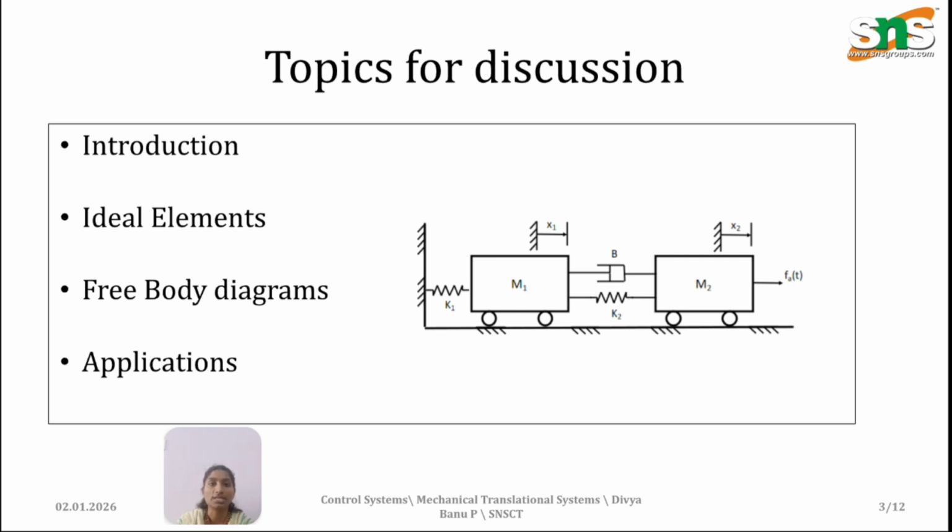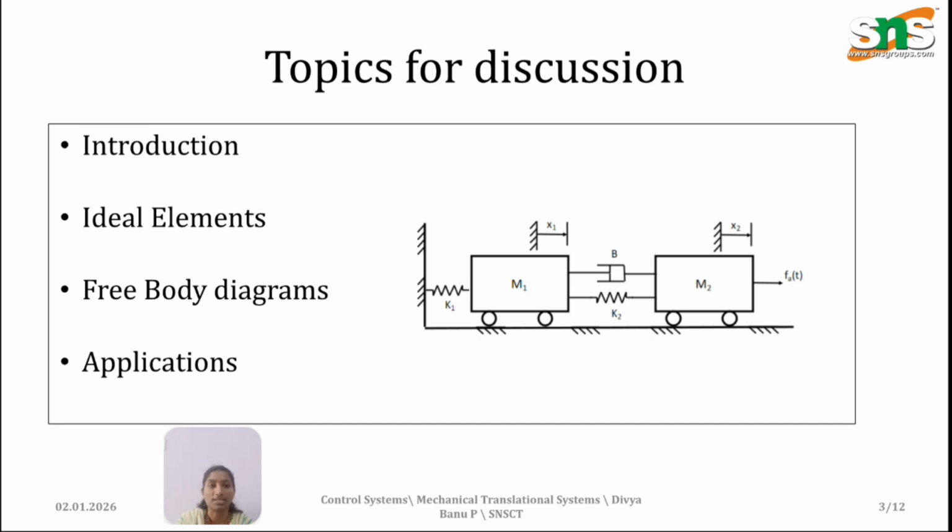So the topics for discussion are the introduction, elements, free body diagrams, and applications of mechanical translational systems. In this picture, M1 and M2 indicate the mass, which is nothing but the weight. K1 and K2 indicate the springs, and B indicates the dashpot, which is the damping process.